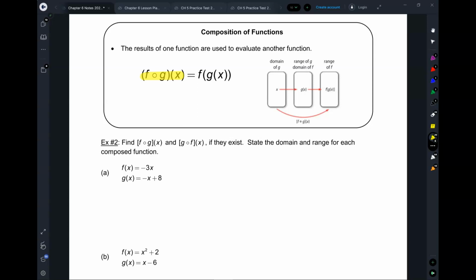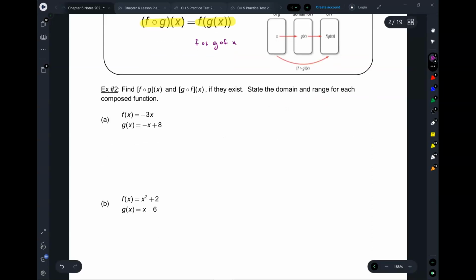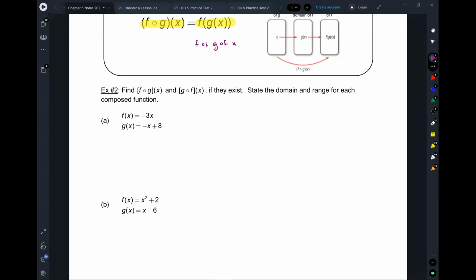Again, we read it as f of g of x, and that's how it's written in concise form. So here we're going to write f of g of x and g of f of x.